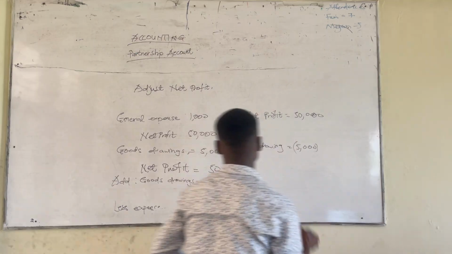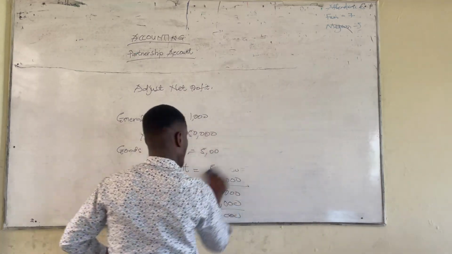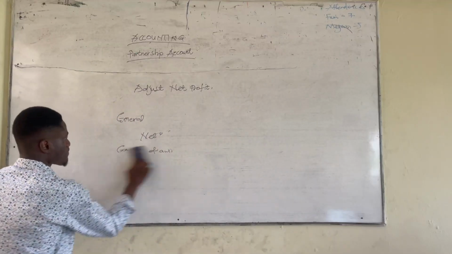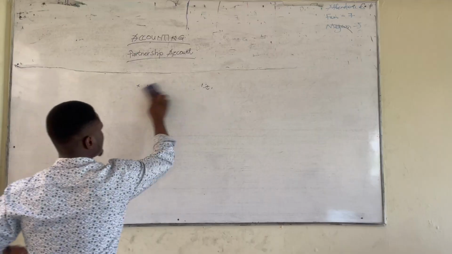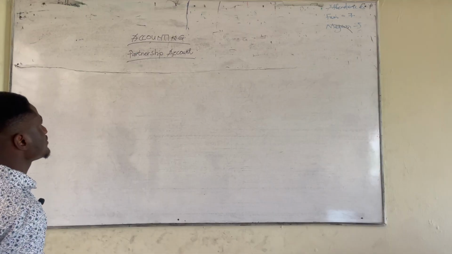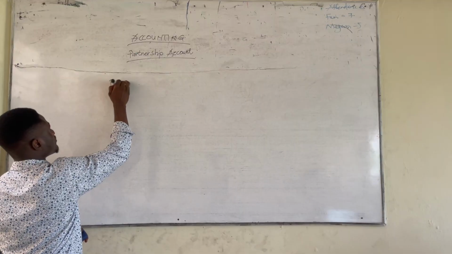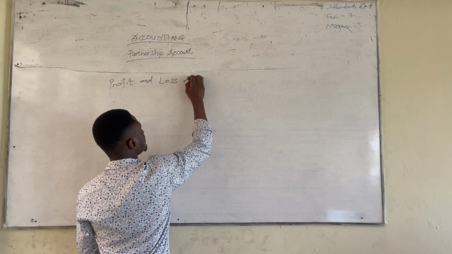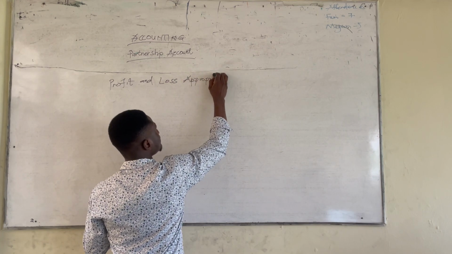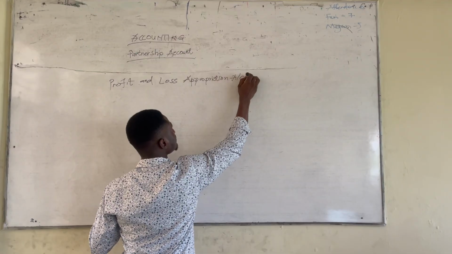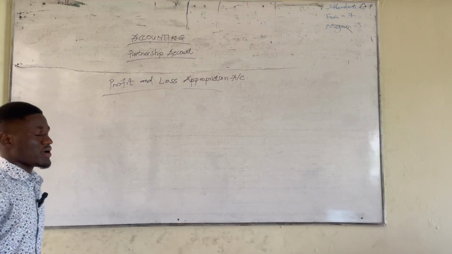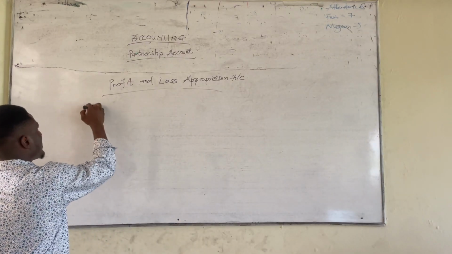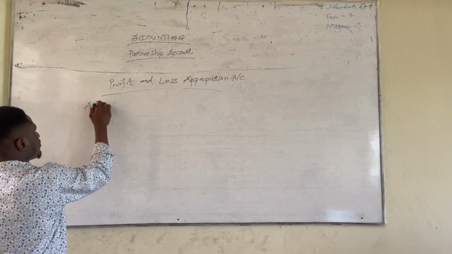Now let's look at how to prepare our profit and loss appropriation account. So this is how to adjust the net profit. And when moving on to the profit and loss appropriation account, the typical format for profit and loss appropriation account is we have to bring the adjusted net profit.